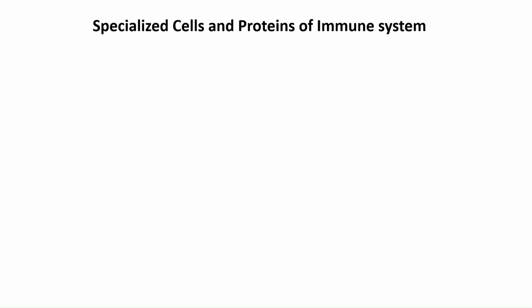Now, what are the cells and the proteins involved in the immune system? Because we'll study immunology in depth in the immunology subject, in this lecture we are just getting an overview of the immune system. There are multiple cells and proteins involved, but we can divide the immune system into two sections, humoral and cellular.